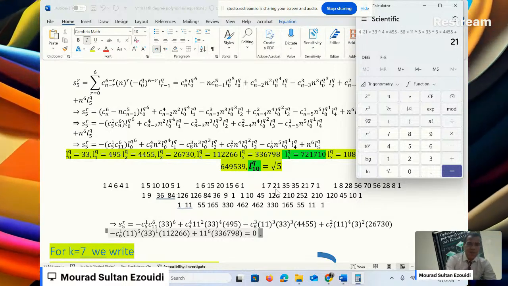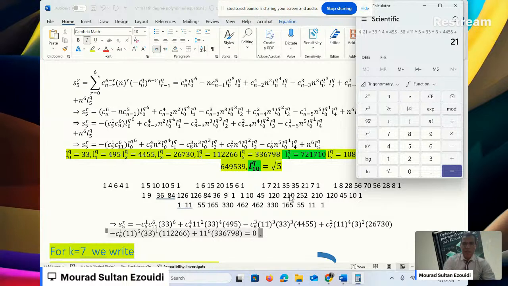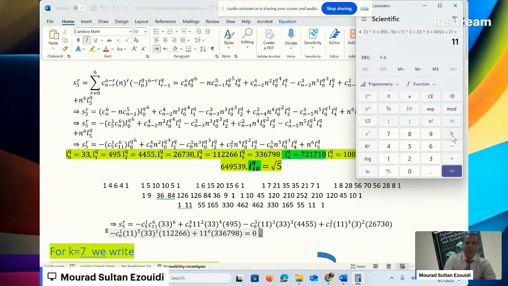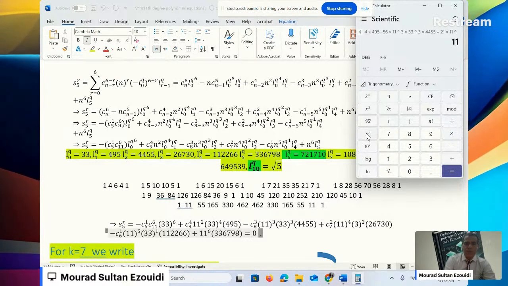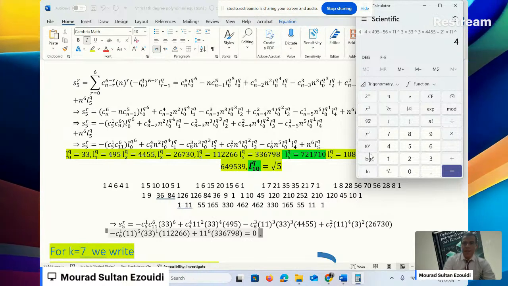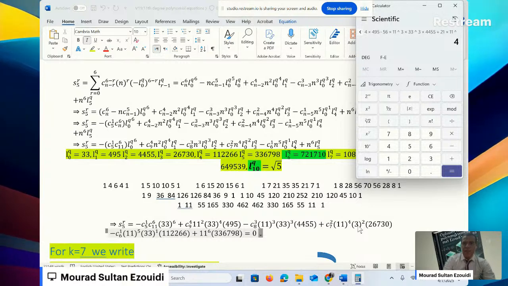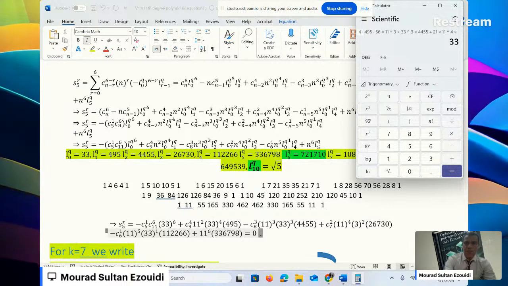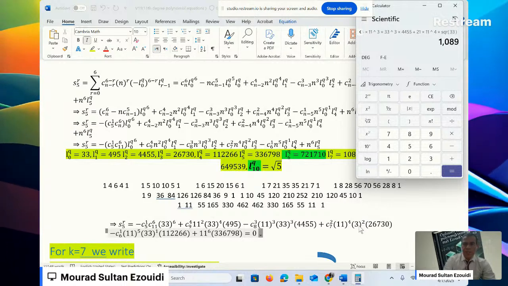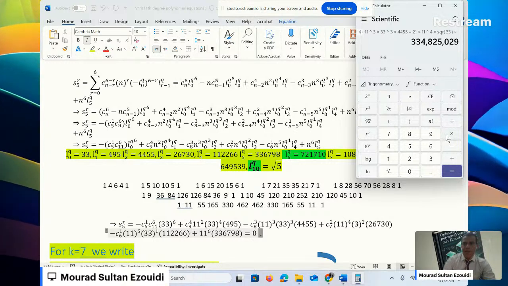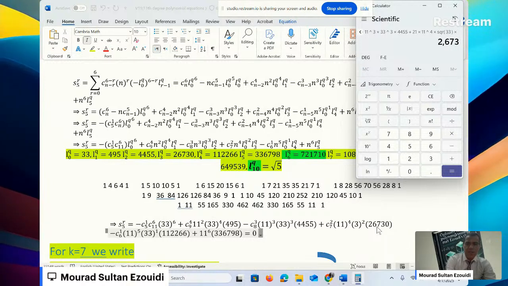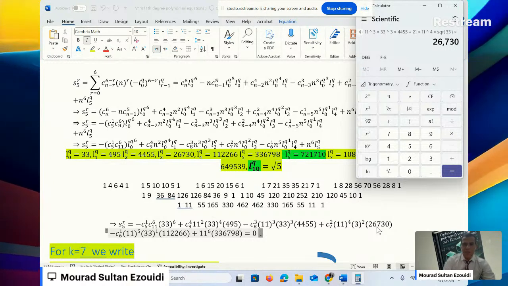Plus 21 times 11 raised to the power of 4, times 33 squared, times 26,730.